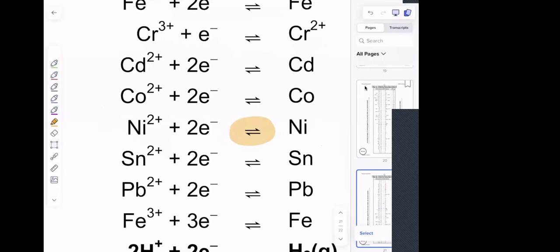The nickel metal was the stronger reducing agent. This one is going to undergo oxidation in this case here. Now the person's asking, if we get to equilibrium, will the reaction then go the opposite direction? So if we get to equilibrium, are we now going to go in this direction? And I'm saying, no, we're not going to go the other direction if we hit equilibrium.